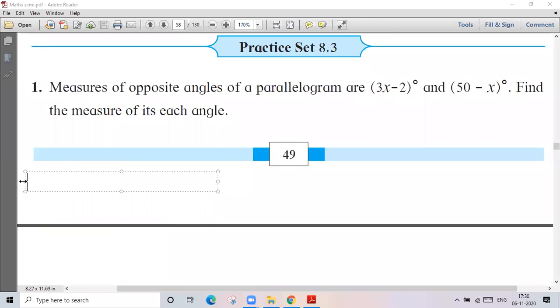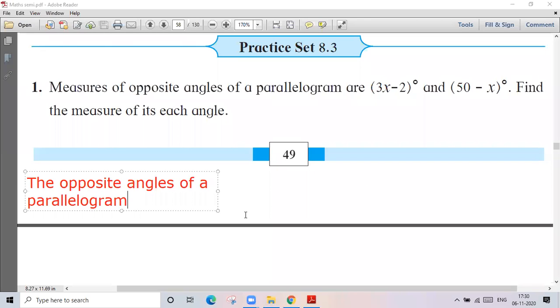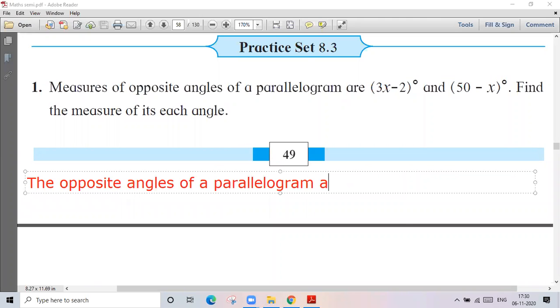So the opposite sides, sorry, the opposite angles of a parallelogram are congruent, right?